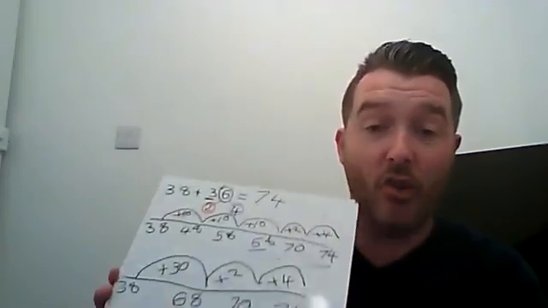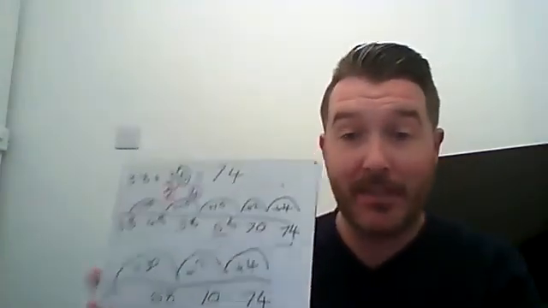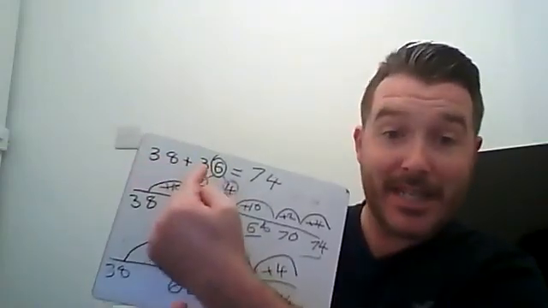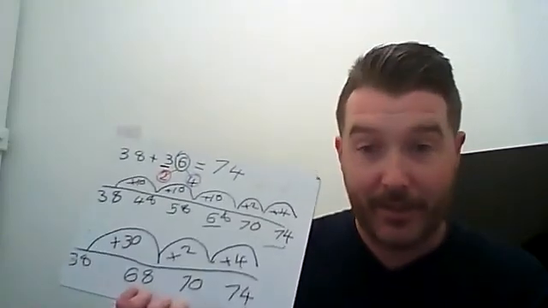So, on the worksheet, if you do find it quite tricky and you're not able to do it with what's laid out, feel free to do what I've just done here and just draw your own from scratch. It doesn't have to be on the worksheet. You can just get a piece of paper, write the number sentence down, do your partitioning, draw your number line, and do it that way, okay?